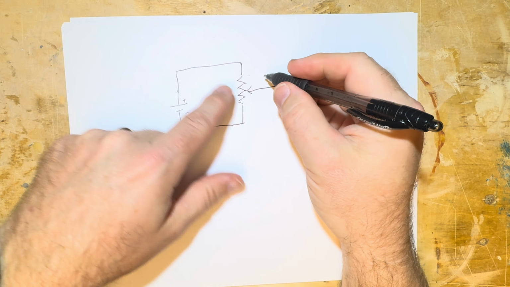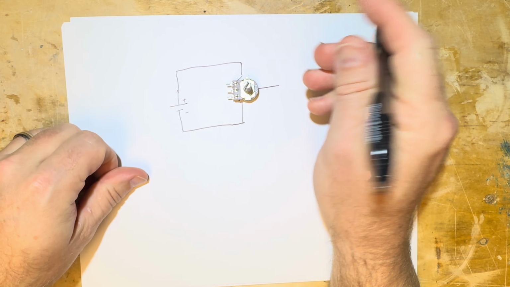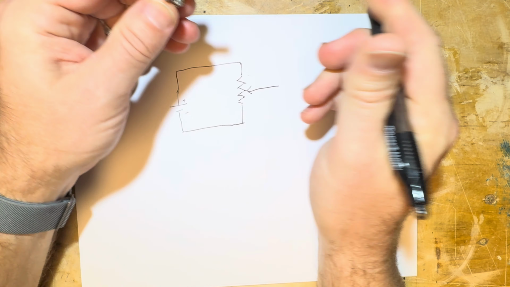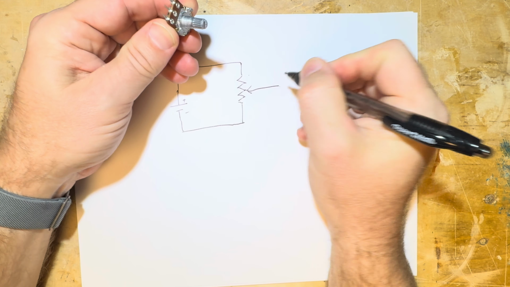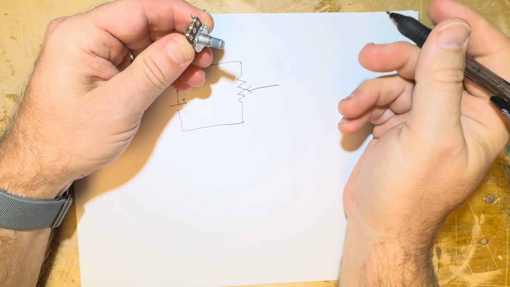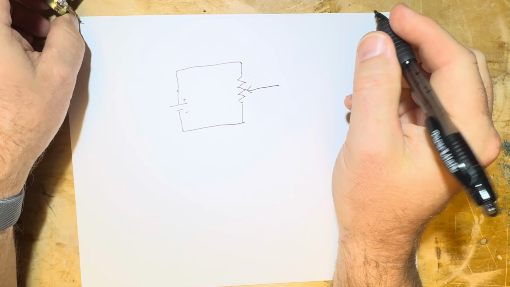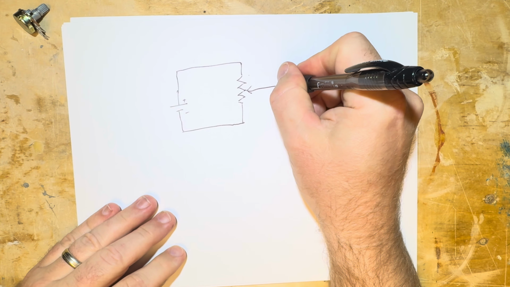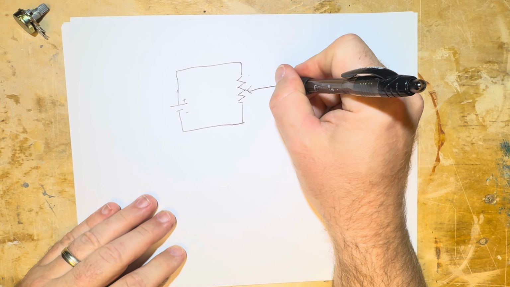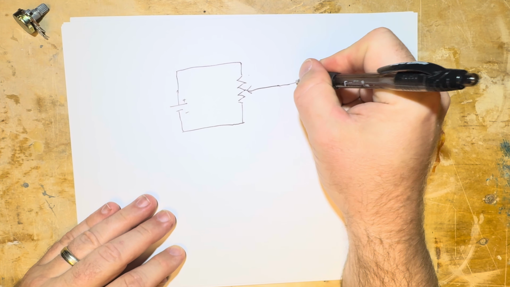And so as you move this variable resistor up and down, you can make the center terminal go between 12 volts and 0 volts or ground. And then we wired this center tap up to the gate on a transistor.